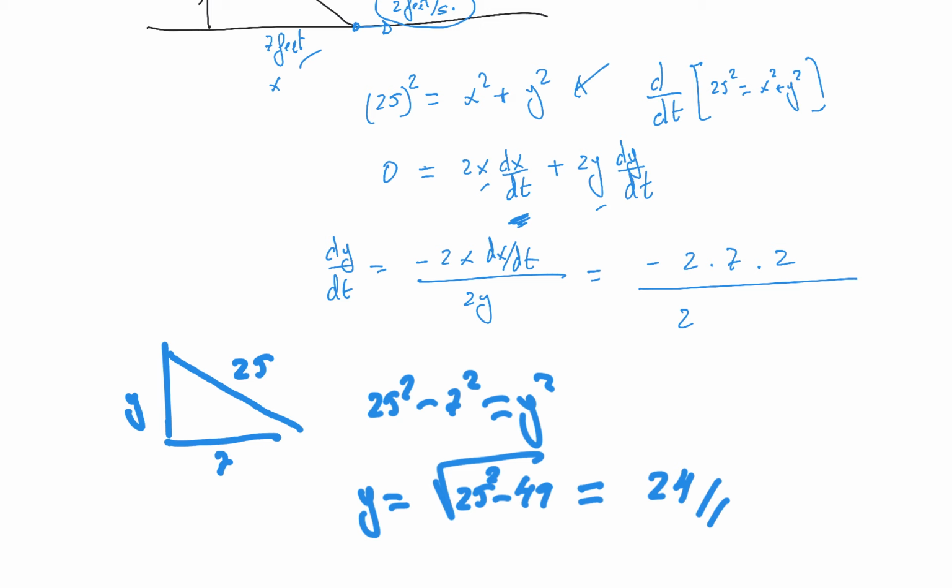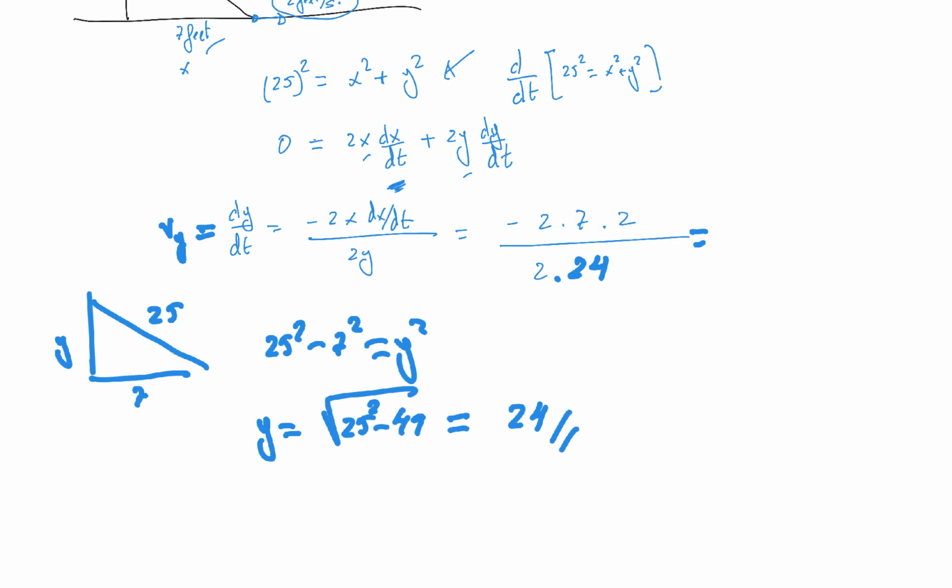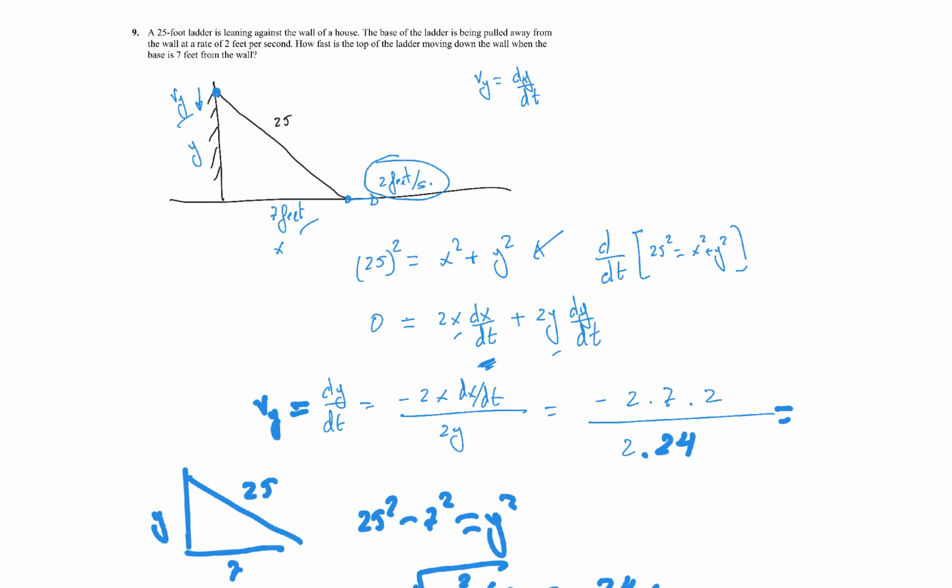So what is the derivative of y with respect to t? What is v sub y? It's minus 2 times 7 times 2, divided by 2 times 24. Now I can do the calculation and say what is the velocity going down at this point.